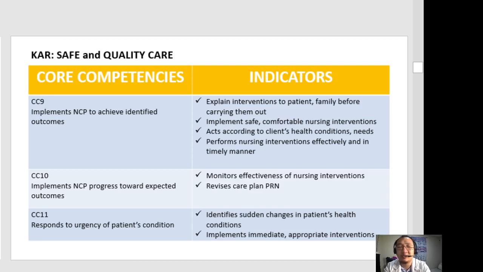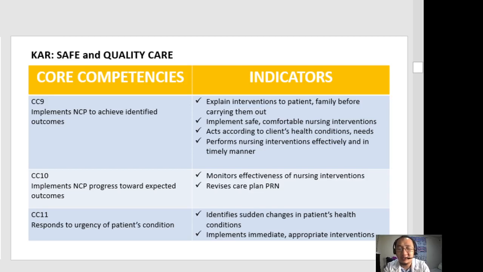So this is in your nursing care process, this is like your evaluation. And if ever you're not successful, in our NCP we call this unmet goals. You revise your care plan as needed, PRN. You should be flexible and patient as a nurse.